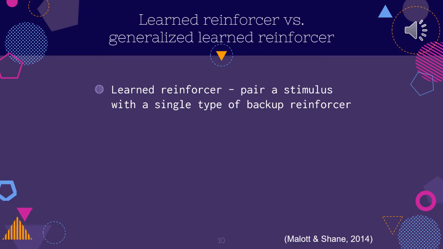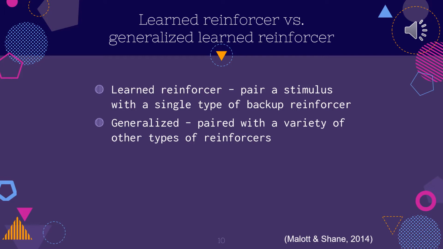A generalized learned reinforcer, on the other hand, is paired with a variety of other types of reinforcers. So, if you paired the click with food, water, car rides, being pet, etc., this would convert the click to a generalized learned reinforcer.